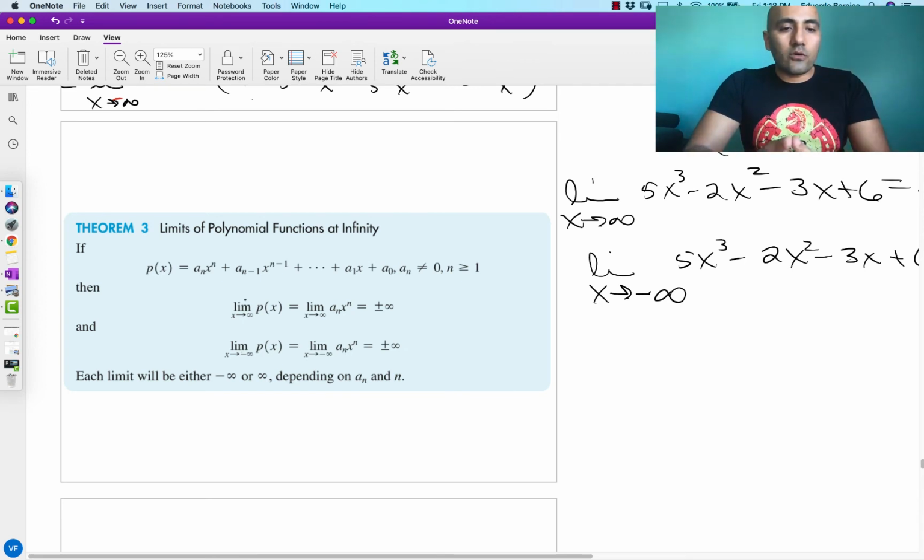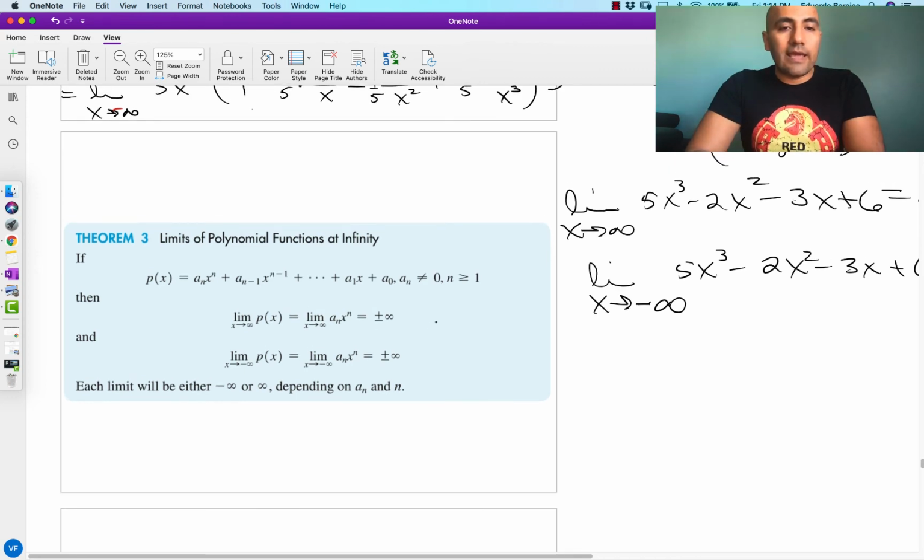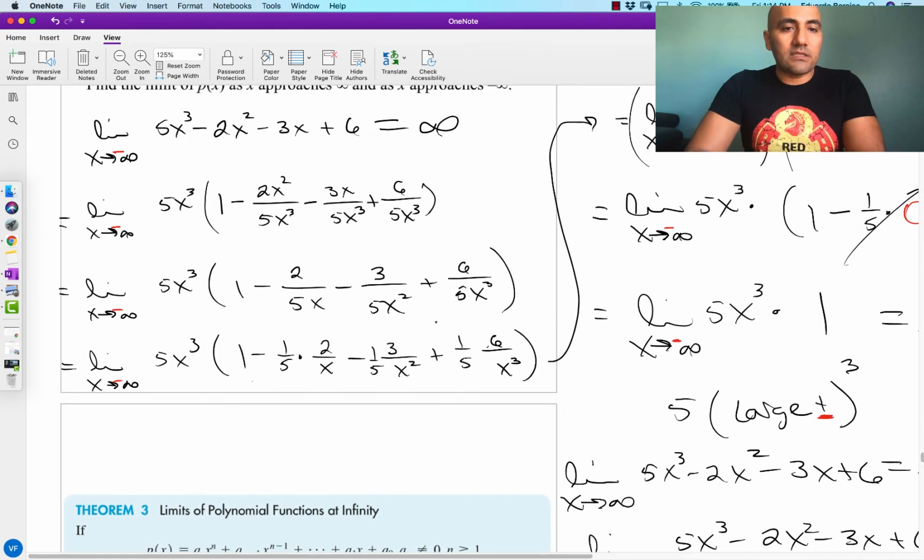So in the short term, who knows what the graph looks like? It depends on all of the other terms and all the other constants. But as we let the input values get larger and larger, it'll turn out that the leading term, the one with the largest degree, is the one that's going to determine the behavior of our polynomial. And that's because of this little thing here.